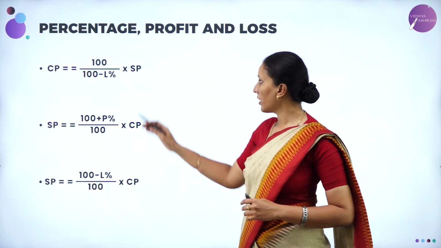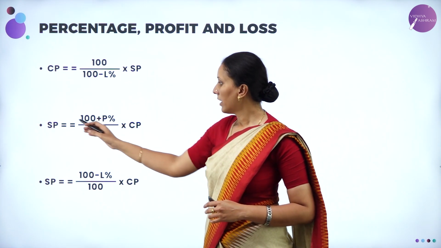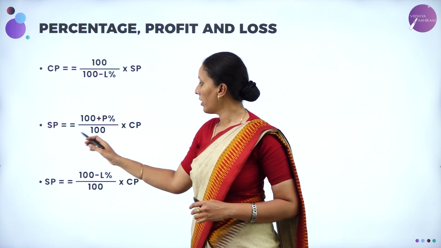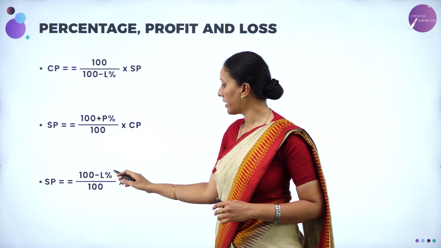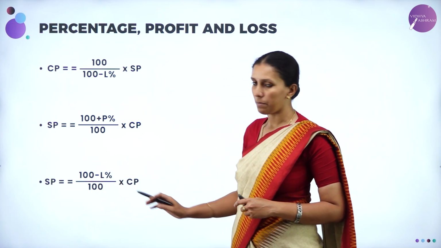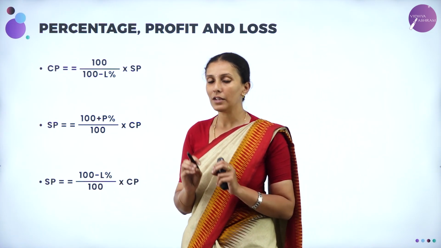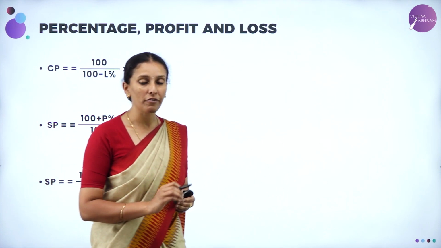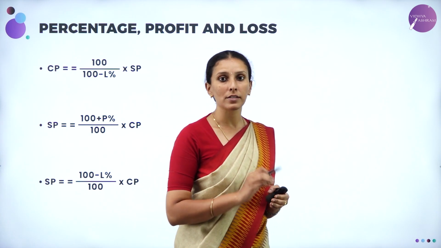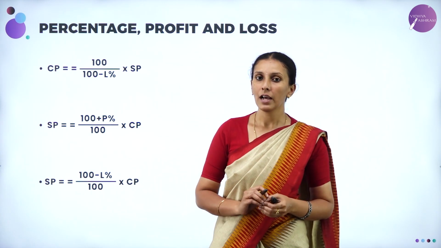Vice versa, if you want to find the selling price, the formula interchanges to 100 plus profit percent by 100 into CP, or 100 minus loss percent by 100 into CP. These are the formulas which help us calculate the cost price, selling price, profit, profit percentage, loss and loss percentage of a given article.